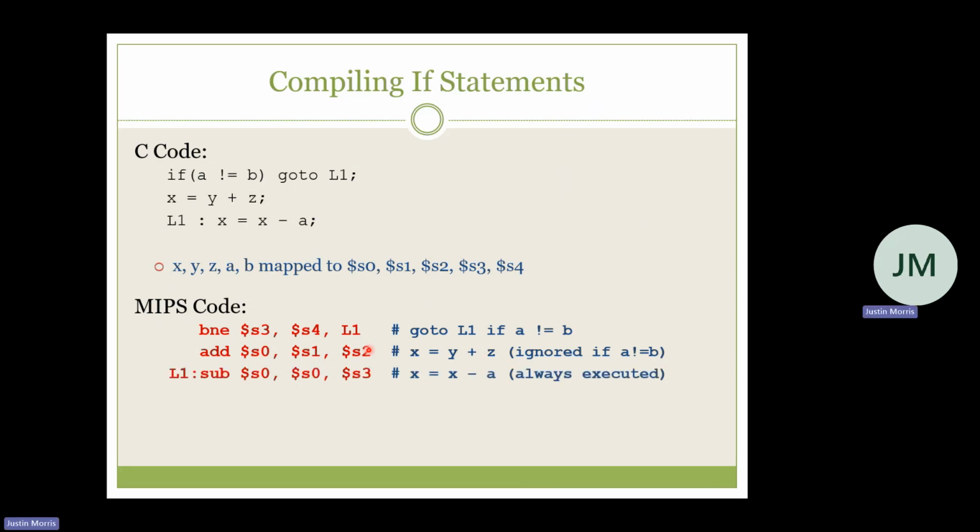And then after that, we have our L1 label, which is going to be our sub, which is X minus A. So destination is X, and then first operand is X, and it's a sub operation.